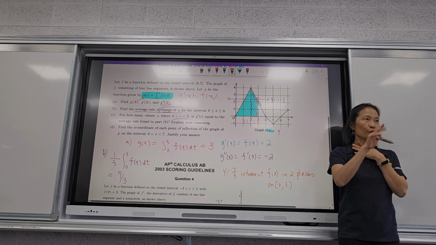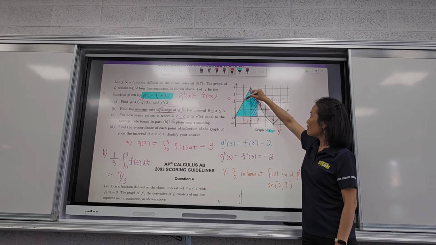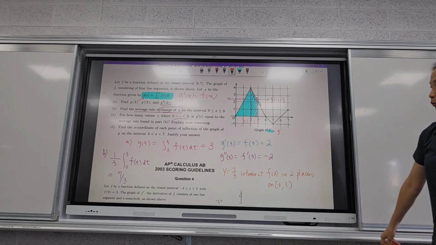So there are 2 values of c, right? Satisfy at this moment, the rate is equal to the average value.